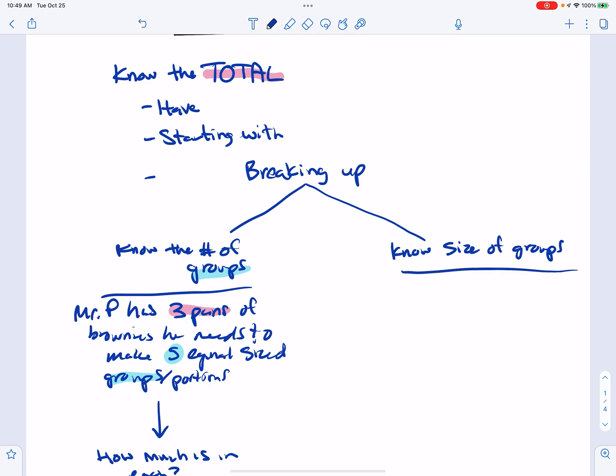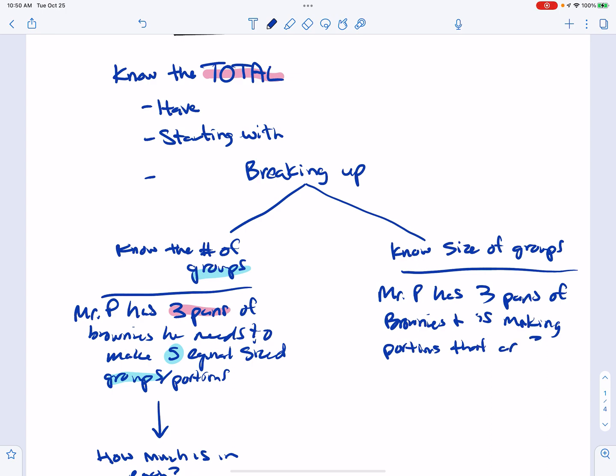And so in this similar problem with Mr. Plaska, he has 3 pans of brownies and is making portions that are 3/8 of a pan. Then the question is, how many portions can he make?